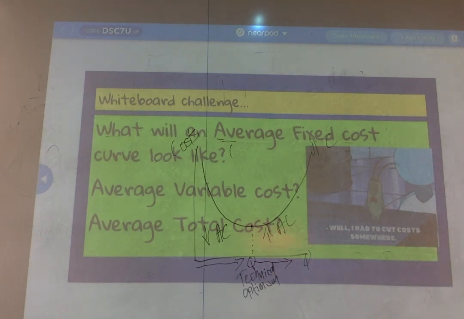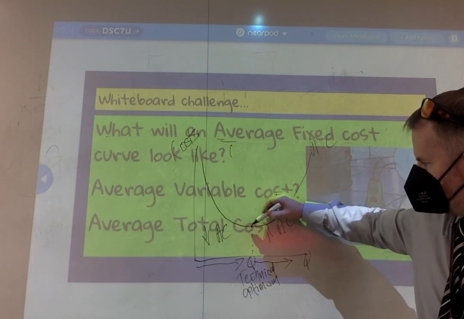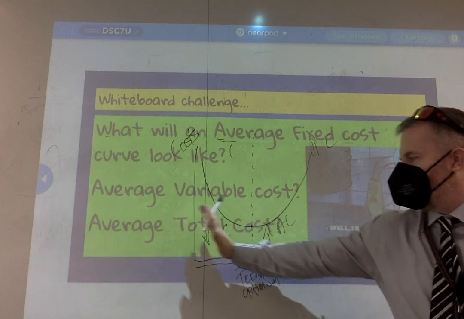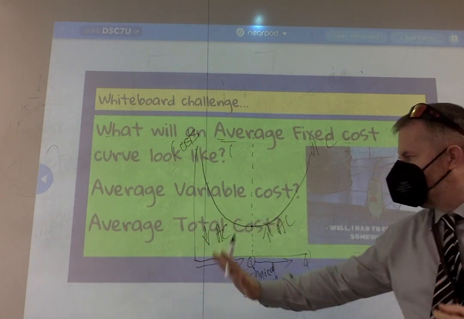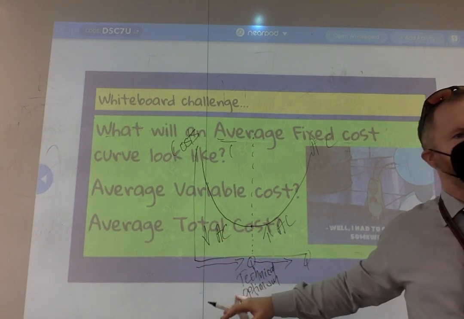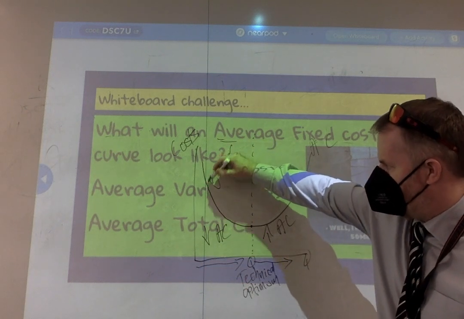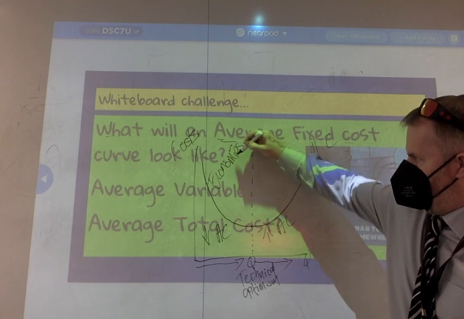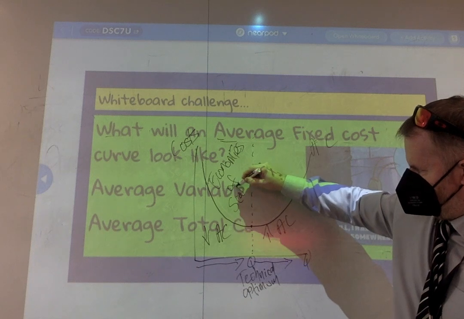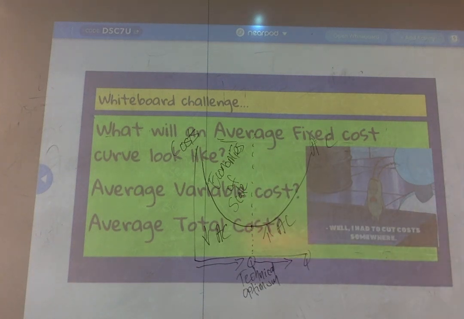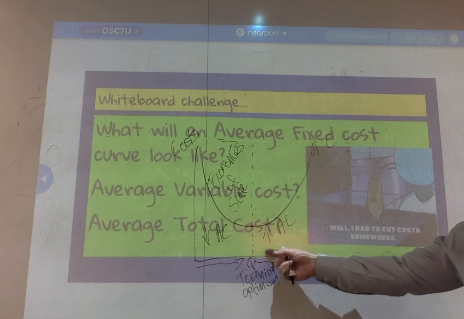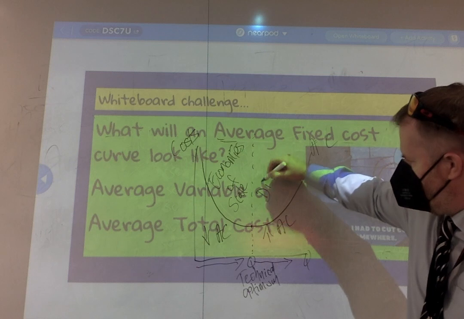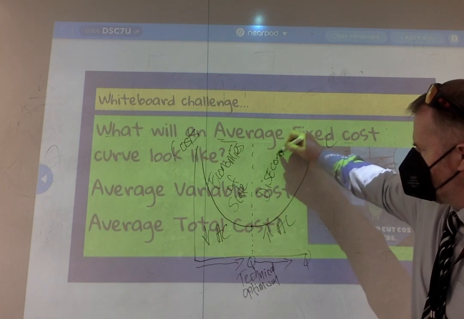If we were to extend the line all the way up, on this side of the quantity here, this is declining average costs over output. And the term we use in economics for that is economies of scale. On this other side, we've got increasing average costs per output.